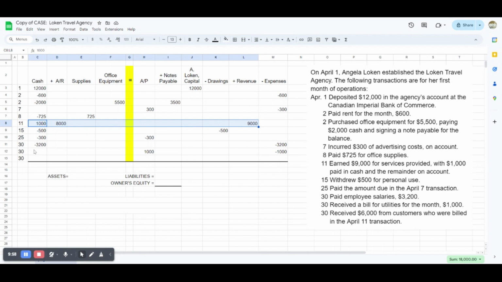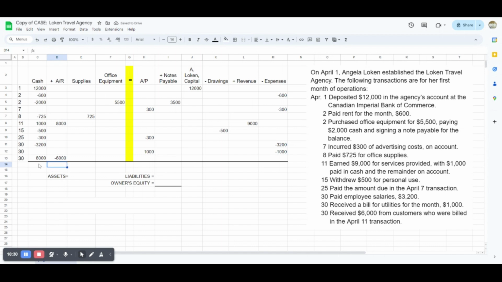Okay, so when you're receiving money, the cash goes up because you're getting money. And now what other account is going to be affected? Well, they don't owe you $8,000 anymore, do they? Because they just paid you $6,000. So how much money do they now owe you? Well, they owe you $8,000 minus the $6,000 that they paid you.